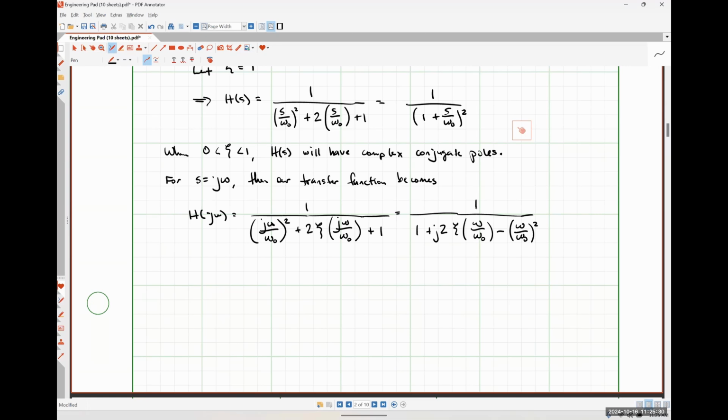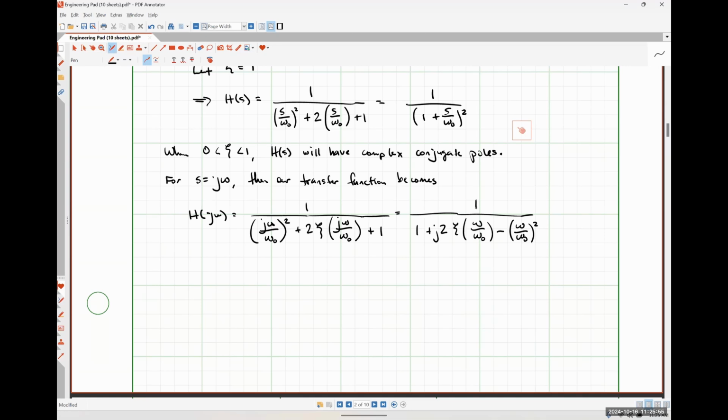Let me just double check things here. I took this j from inside here and moved it to the outside so that I have a distinct imaginary part that I can recognize. I have a real part that consists of 1 minus the ratio of omega over omega naught quantity squared. Okay, all of that seems fairly legit.